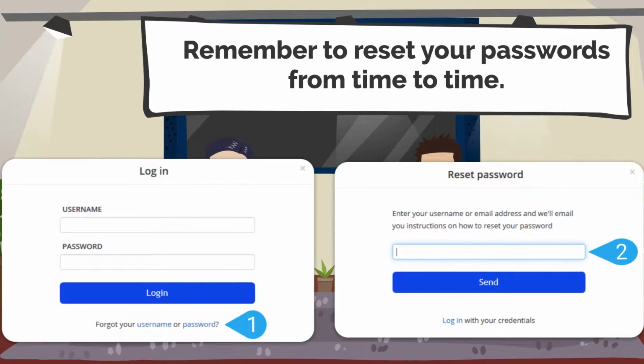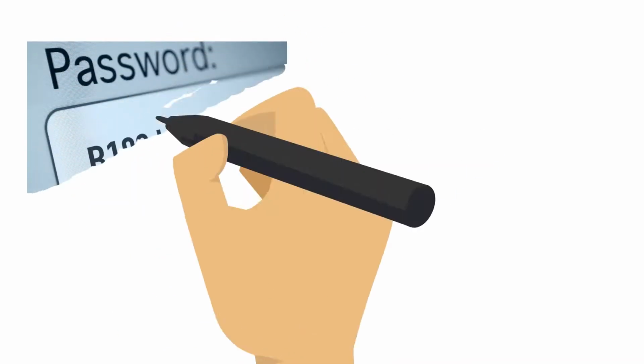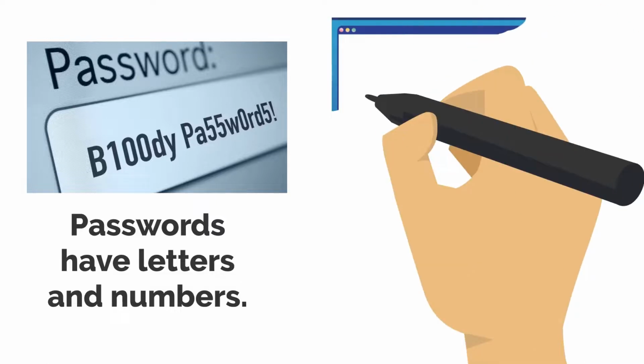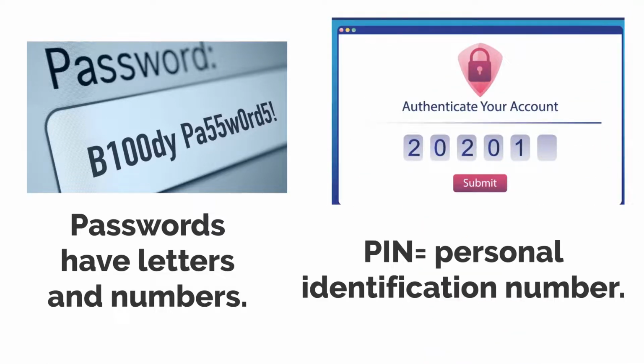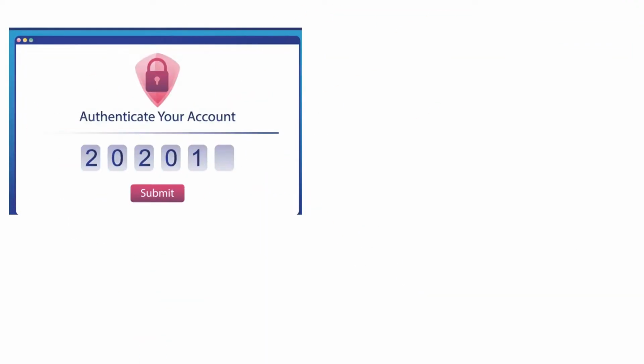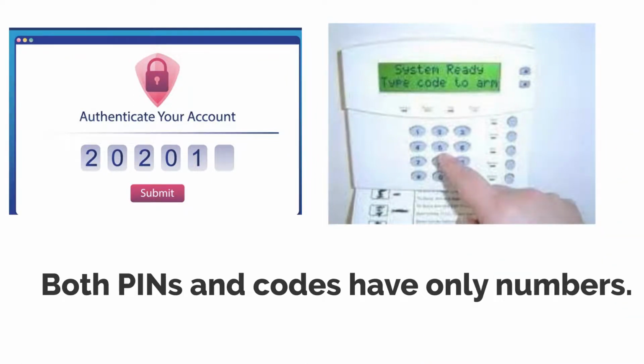What about pins and other codes? Passwords have letters and numbers. PIN equals personal identification number. Both pins and codes have only numbers.